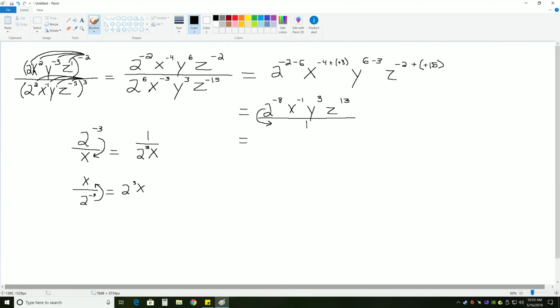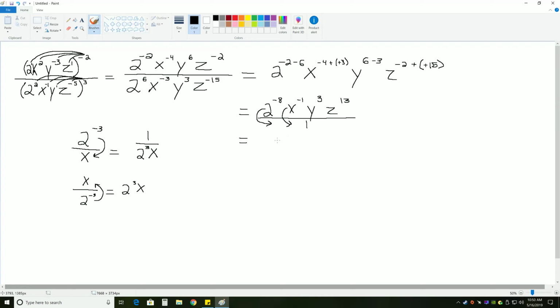So whenever you have a negative exponent, you're just going to move the base to the other part of your fraction. So in this case, we're going to be moving this 2 and this x to the denominator because they both have negative exponents. But we're going to leave the y and the z alone because they each have positive exponents. They don't need to be moved.